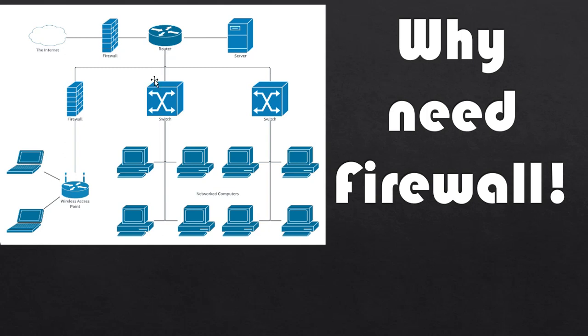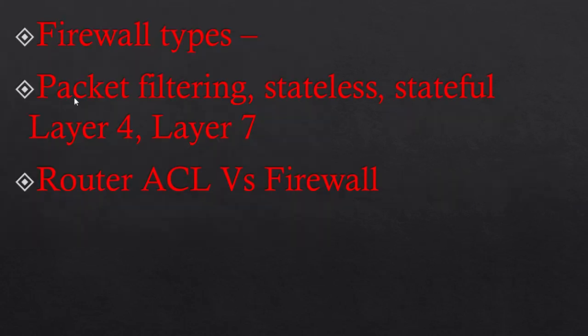This is one. Another is that router ACLs are limited in capability. Yes, we can have control based on source and destination port, but these are more like stateless communication, we can say.